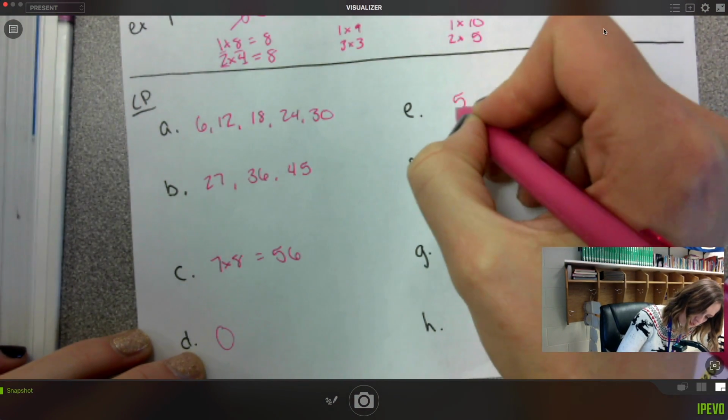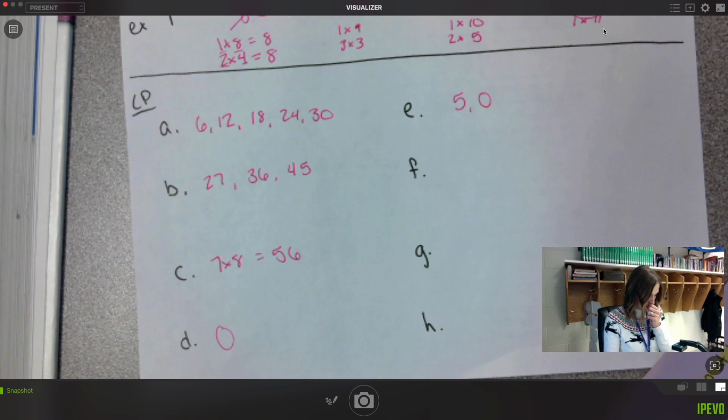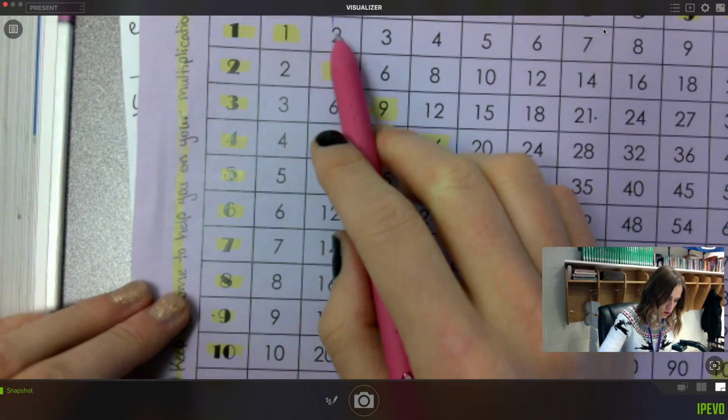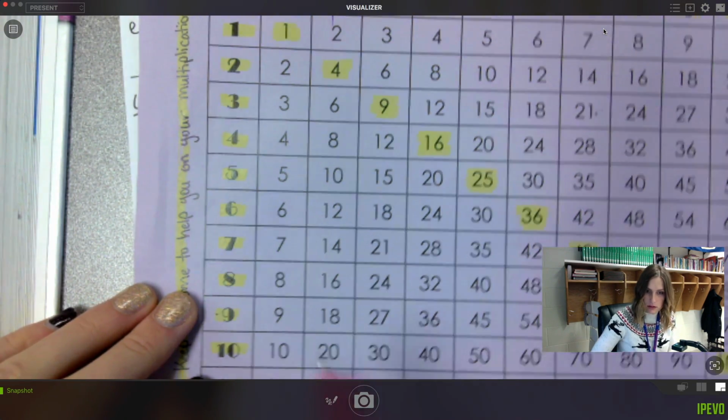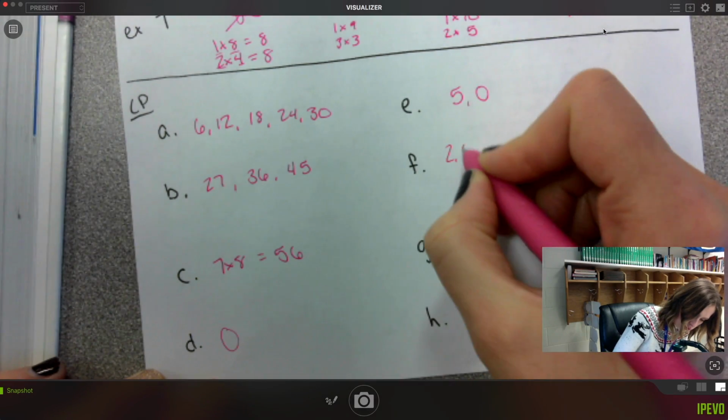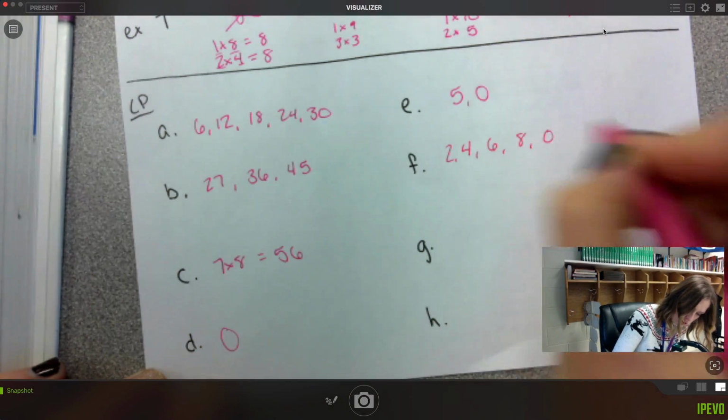So 5 and 0. F, what 5 digits appear as the last digit of the multiples of 2? 2, 4, 6, 8, 0. So 2, 4, 6, 8, 0.